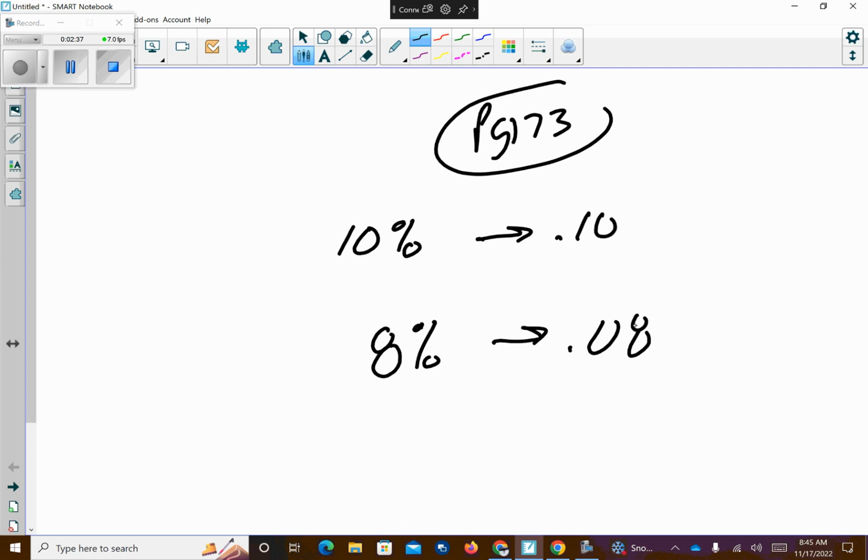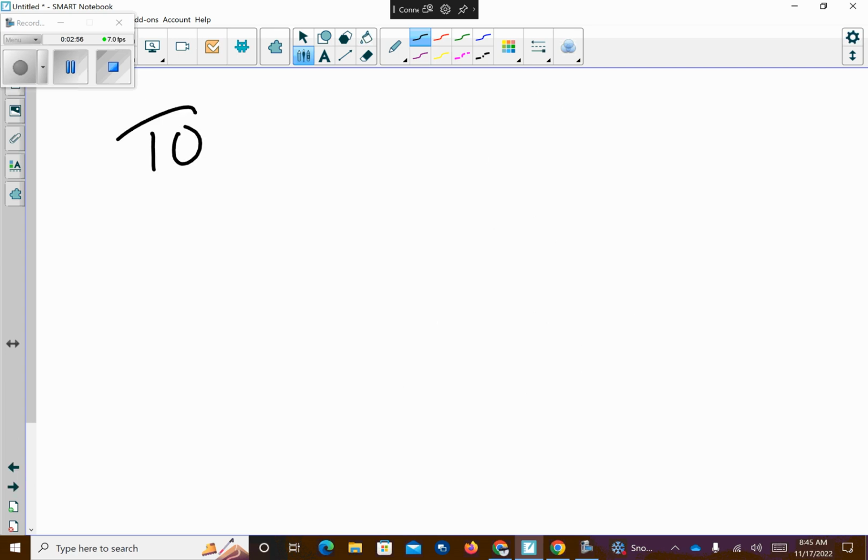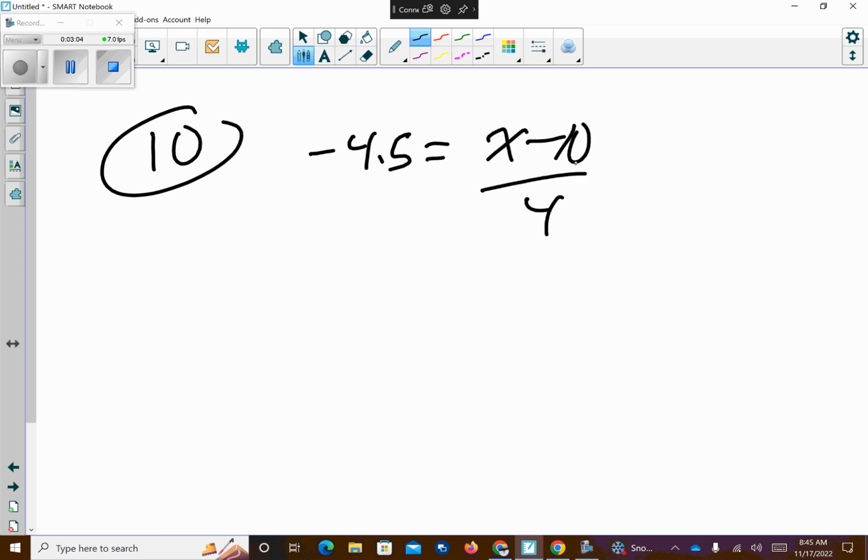In what year did you have a Z-score of negative 4.5? So you do the math. What was the investment return? Oh, what'd you get there? That was number 10. So number 10, they tell us we have negative 4.5 is our Z-score. We're trying to figure out X minus 10 over 4. Multiply both sides by 4.